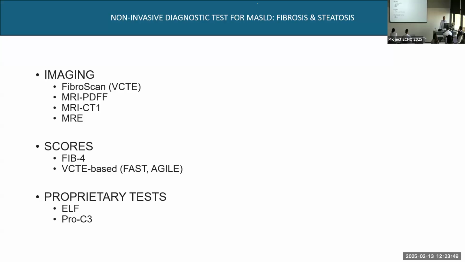The others are scores derived from blood tests, and we have some proprietary tests. For imaging, I will emphasize FibroScan, vibration-controlled transient elastography, and from the scores, FIB-4 is very important, which is very reachable for everyone, especially for rural area primary care providers or anyone else having these very basic labs.